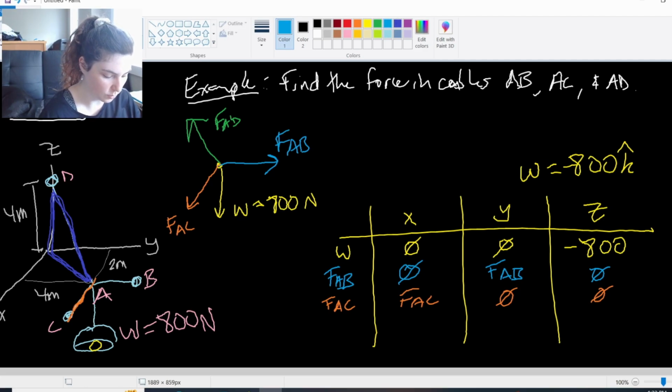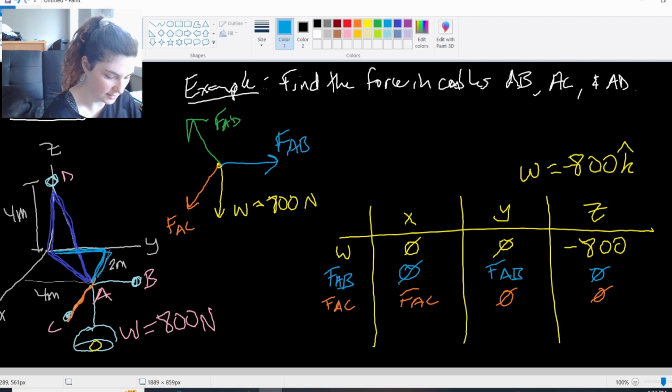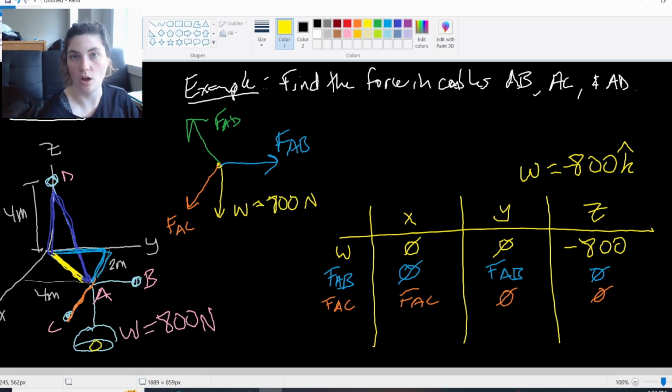We can solve for what this length of rope here is by doing Pythagorean theorem on this bottom triangle, this xy triangle. We can do 2 squared plus 4 squared, take the square root of that. And that would give us this distance here that is in the plane. And we could use that and this 4 to find this distance of AD, how long rope AD is.